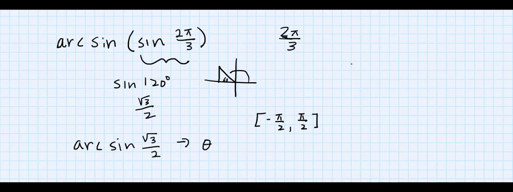So we're looking for sine of what will equal radical 3 over 2. Well, you know that sine is positive in the first and second, but since we have a restriction on our arcsine, we have to look at the first quadrant.